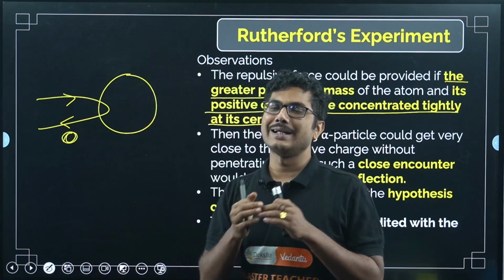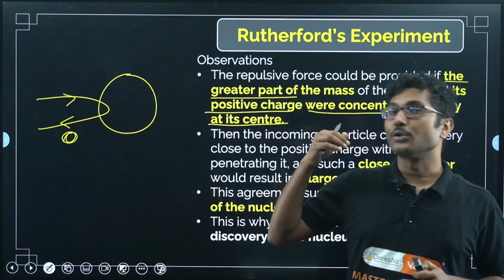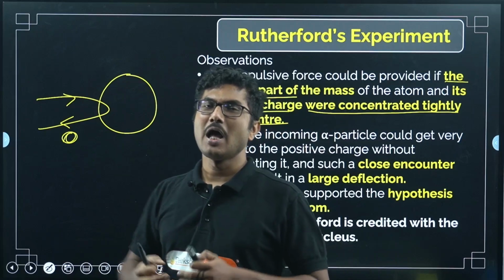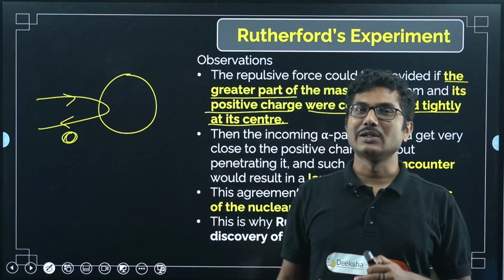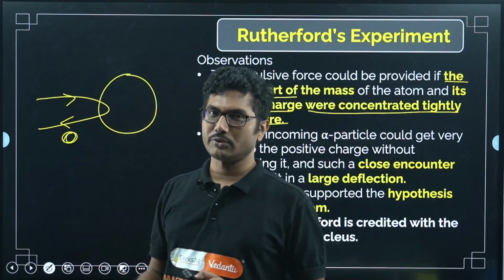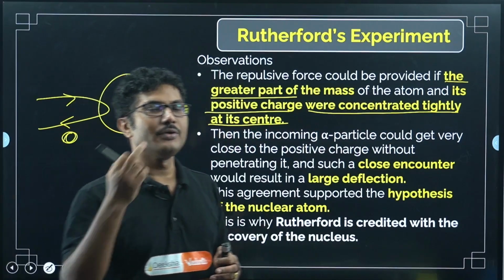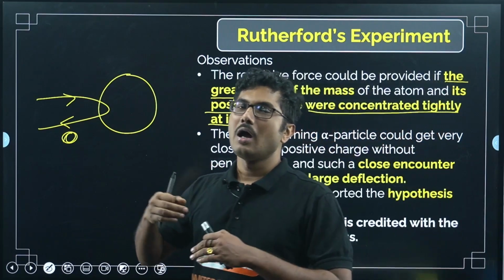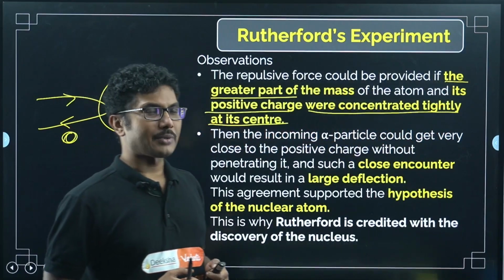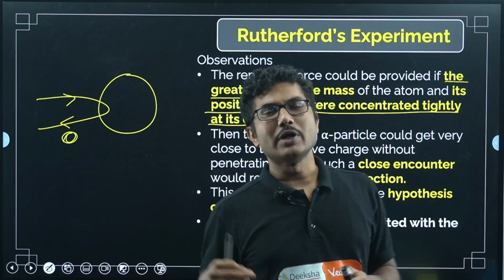Most commonly, the example that we give is our solar system. The most massive object, the sun, is situated at the center of our solar system, and everything around it is rotating around it. Even though it is not a highly accurate description of the atomic system, it is a very good approximation.